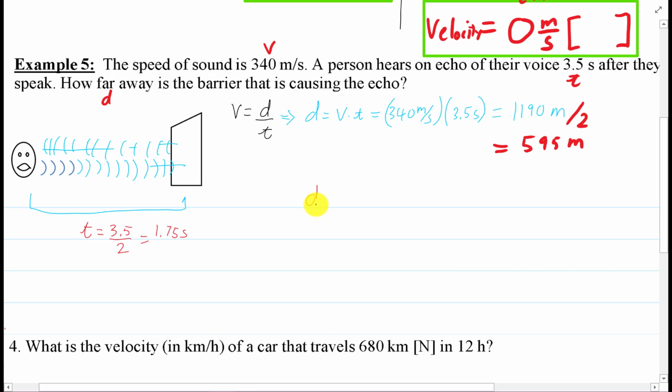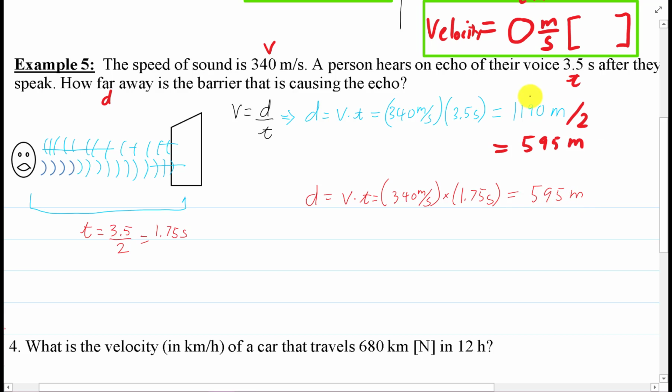So then we would have gone d is equal to velocity times time, 340 meters per second, times 1.75 seconds, and we would have had that answer right away.